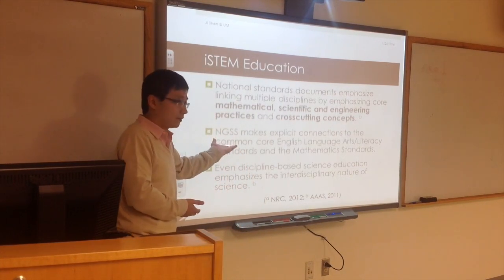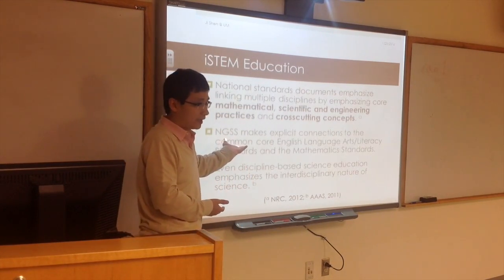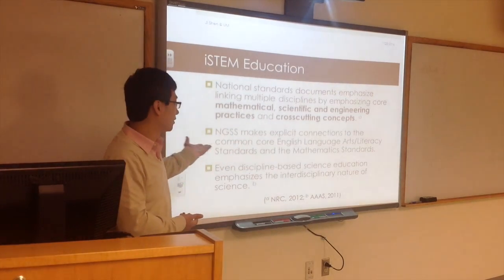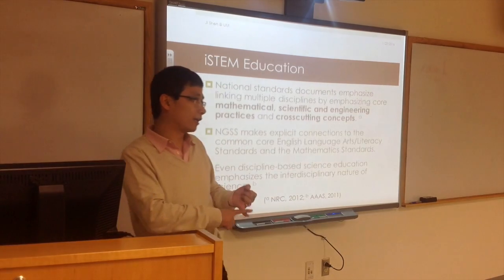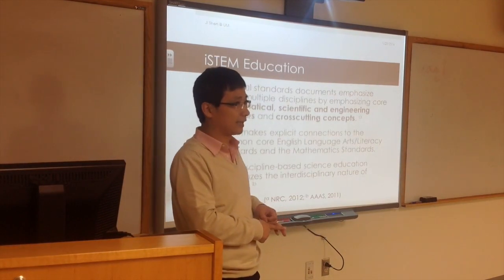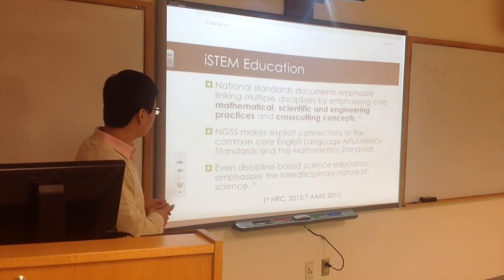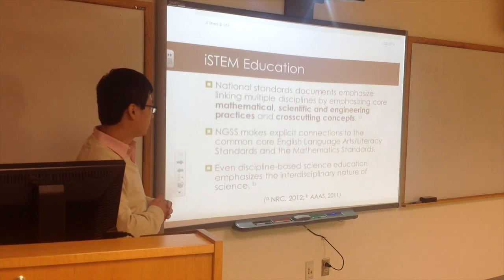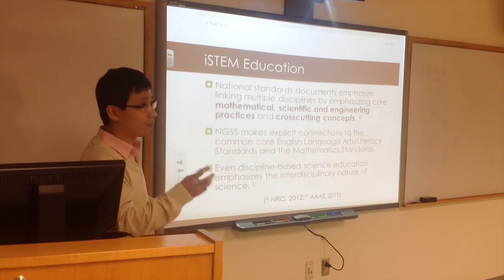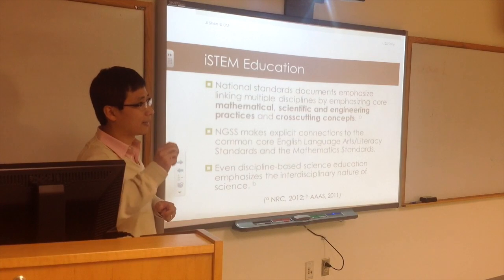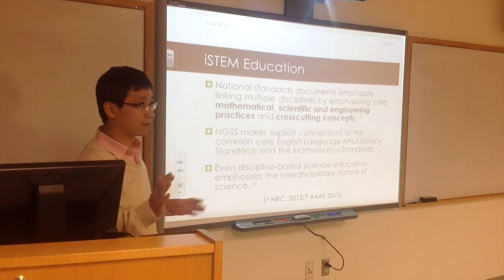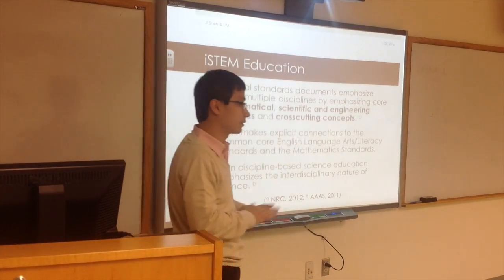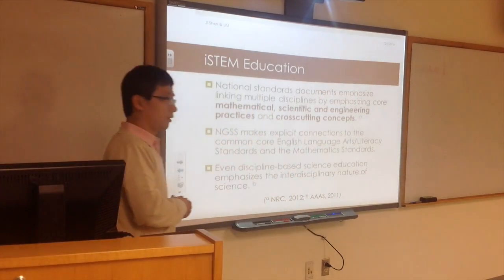And then in a concrete example, the NGSS, Next Generation Science Standards, that document makes explicit connections to English and also math standards. I think the math standards, the Common Core, does not really connect or list the other standards, if I'm correct. Uma, you probably know.